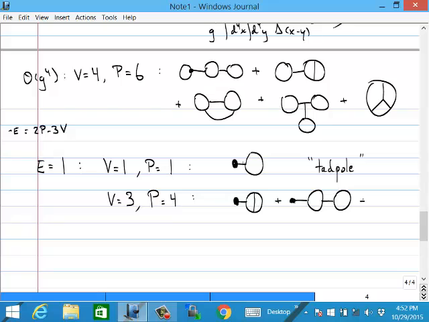And then there's one other diagram where we take these two tadpoles and we connect their tails together, and so on and so forth. And you can quickly see that if you work at higher order in the coupling, the number of diagrams will very rapidly proliferate.